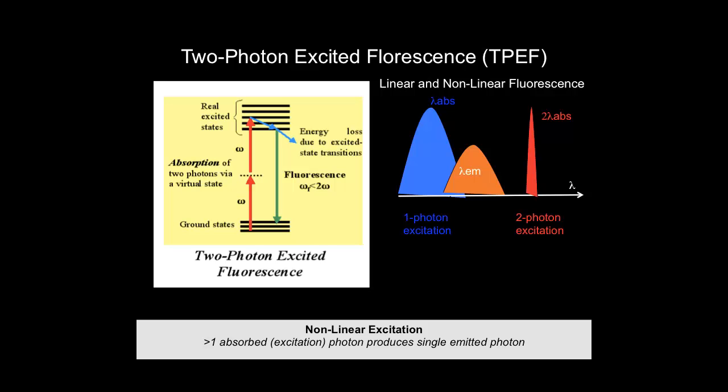And then the fluorescence would have less energy, so a longer wavelength. And now, instead of using one photon, you use two simultaneous photons to get the molecule to the same state. And then the fluorescence is less than twice the energy of this, and so the corresponding wavelength would be shorter than the wavelength of the excitation. So in this case, the two photons would produce a single emitted photon.